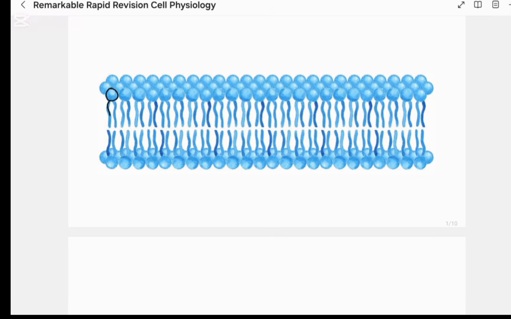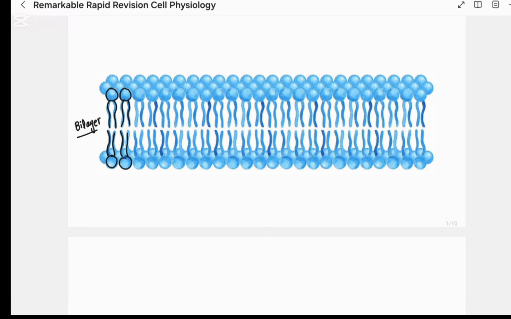Each head is attached to 2 hydrophobic fatty acid tails. So this is the hydrophilic head and 2 fatty acid tails. These tails face towards each other. That is why it is known as a bilayer.